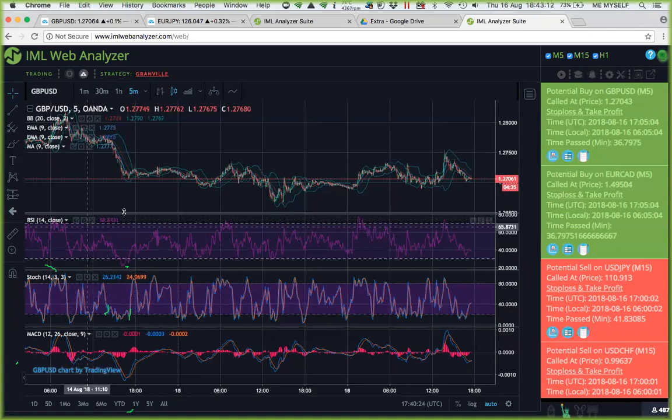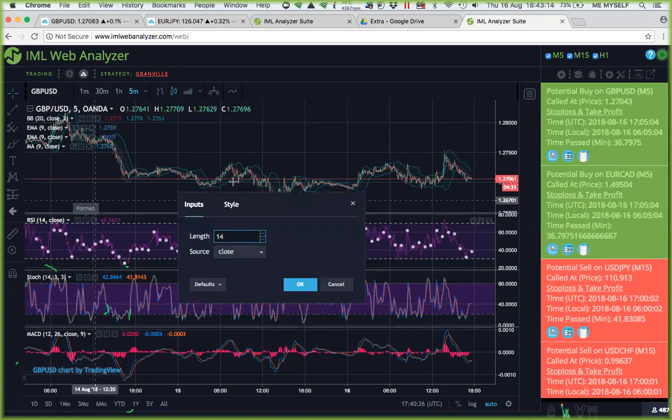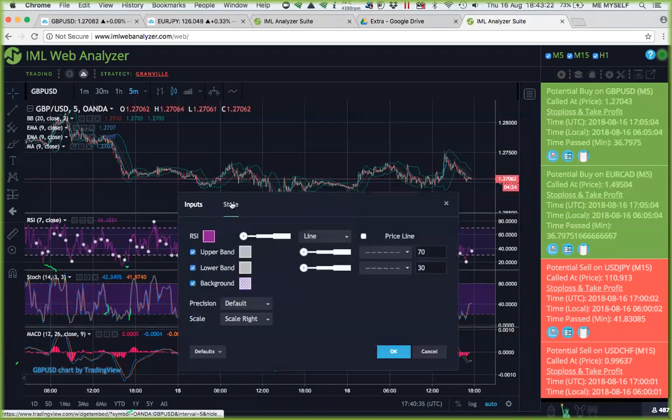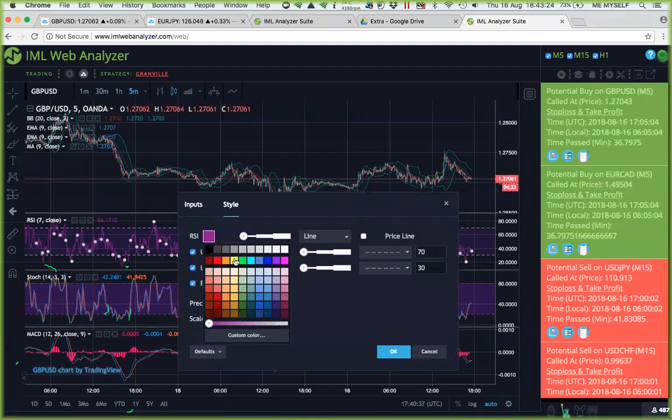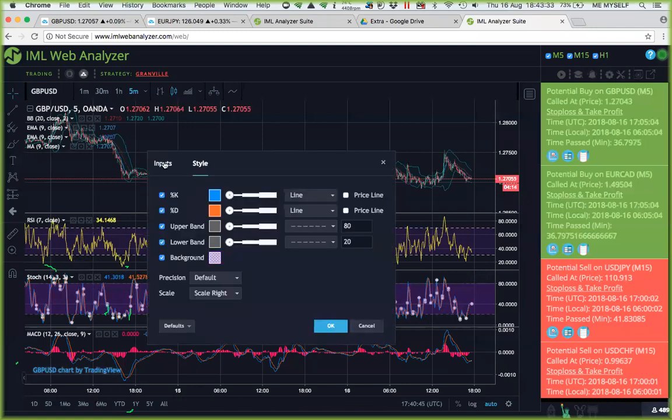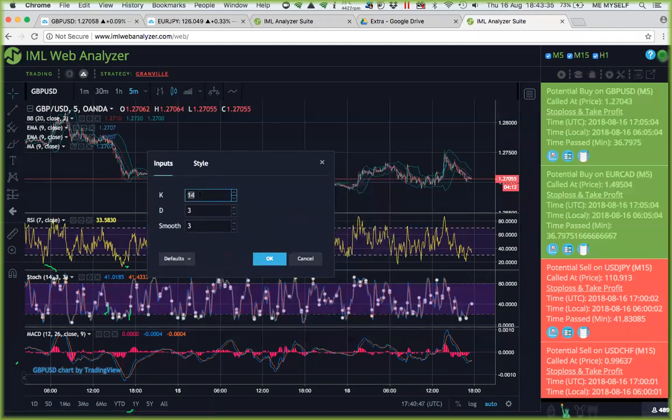With our RSI, let's change this setting to 7 and hit save as default. I also like to just make sure that is yellow. With the stochastic, the inputs are 7, 3, 3.